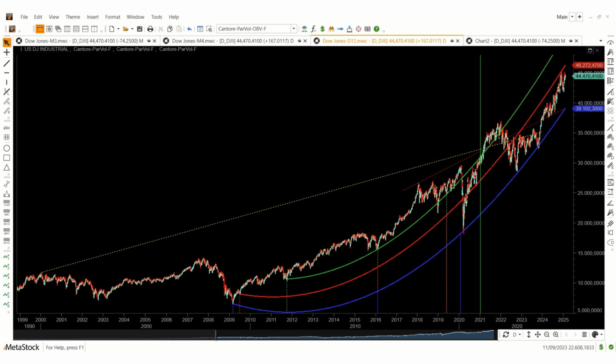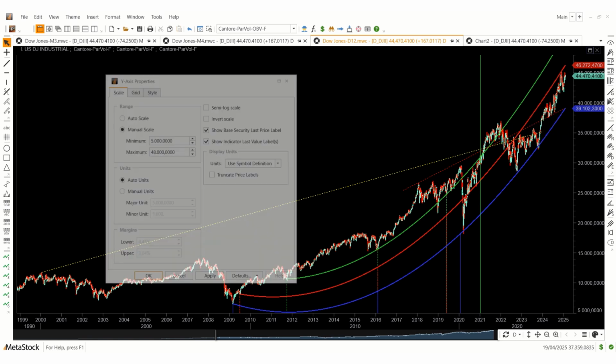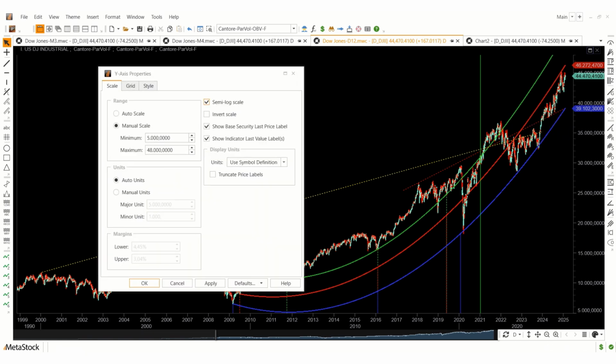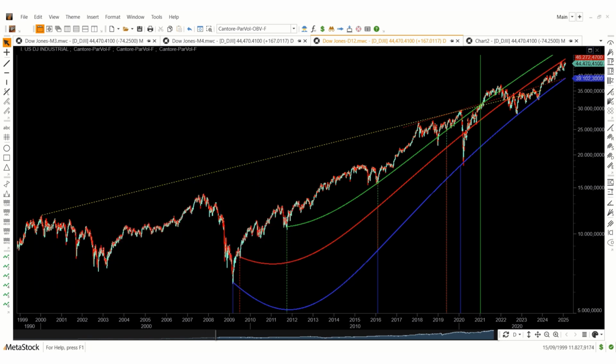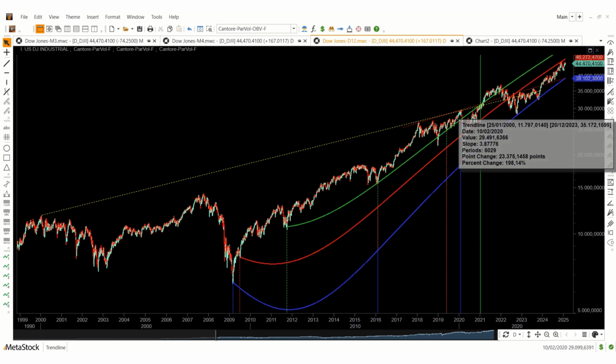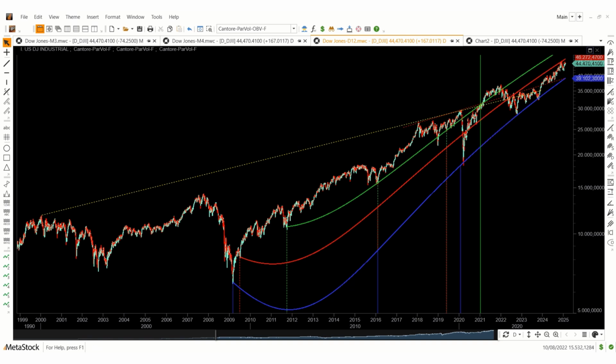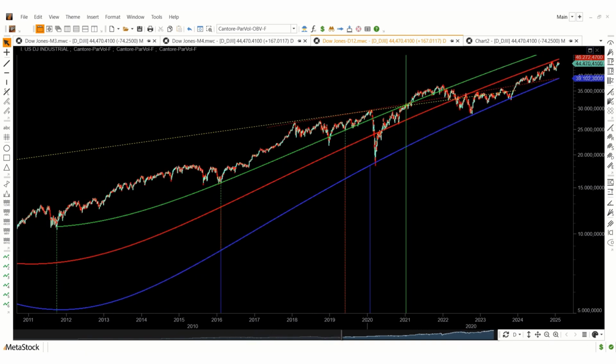It is sufficient to change the scale of representation of the graph, passing from a metric scale to a logarithmic scale and following some adjustments in relation to the width of the scale. This yellow trend line is perfectly tangent both to the highs of 2000 and to the maxima of formation of the two pinnacles of 2018 and 2020.